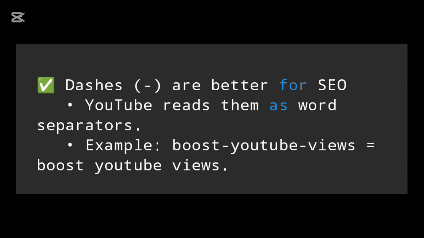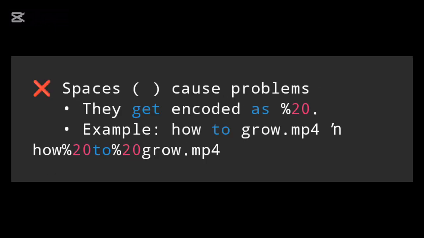Dashes are better for SEO, and YouTube reads them as word separators. For example, let's say your video title is Boost YouTube Views. So your file name will be Boost-YouTube-Views, and the words should be separated by the dashes. So you should not separate the words with space, because spaces are encoded as %20.